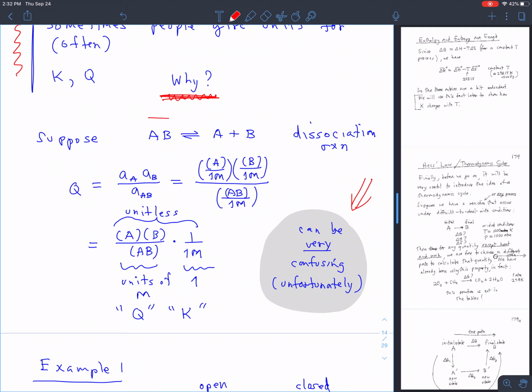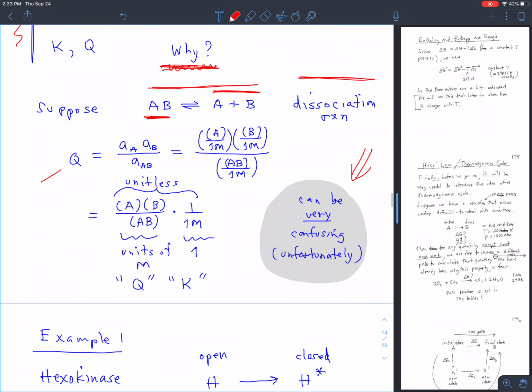Let's suppose I have this chemical reaction. I have a molecule that's maybe two proteins that are bound to each other. So AB is a complex of two proteins. Those two proteins split apart, so this is a dissociation reaction. In that case, using our rule above, the reaction quotient should be the activity for protein A times the activity for protein B divided by the activity for the complex AB.